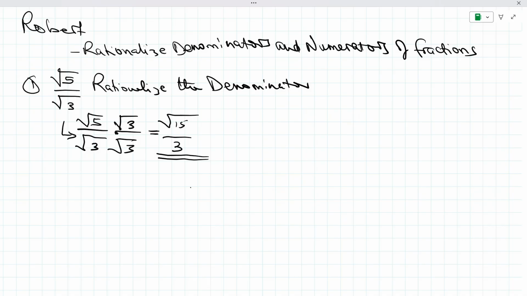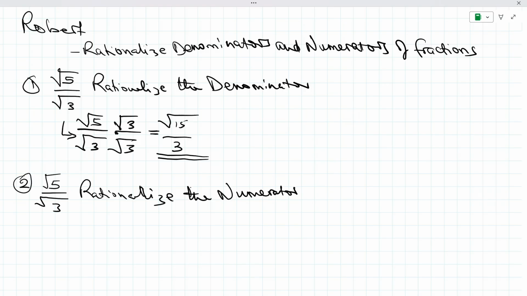All right? Okay, now let's use the same example to rationalize the numerator. So number 2 is root 5 divided by root 3, and the question is rationalize the numerator.